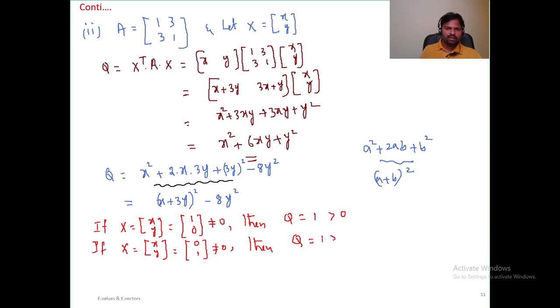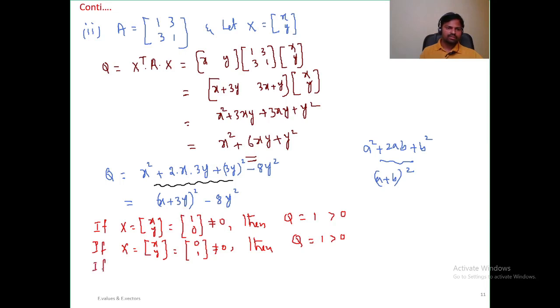Can I get negative? Can you choose such values? Yes, let us take minus 2 and 1.